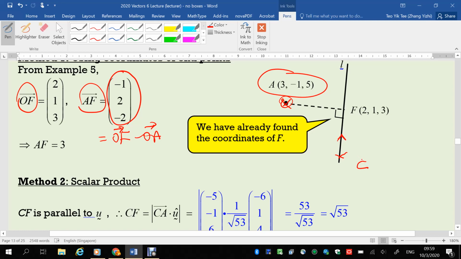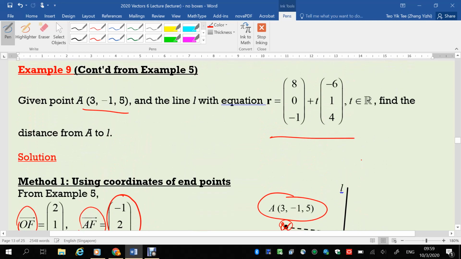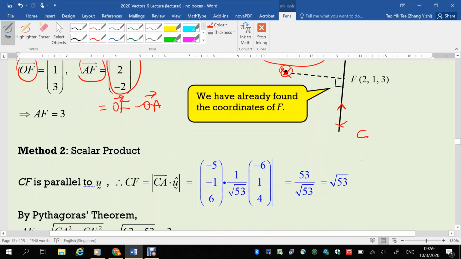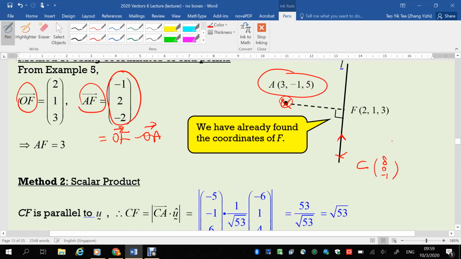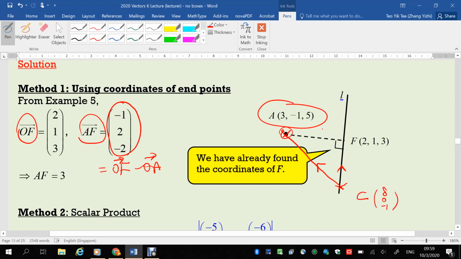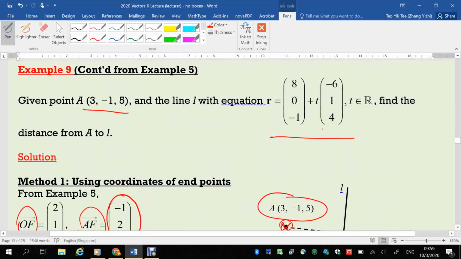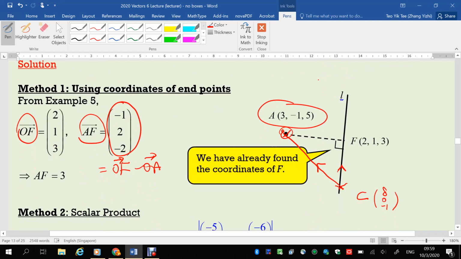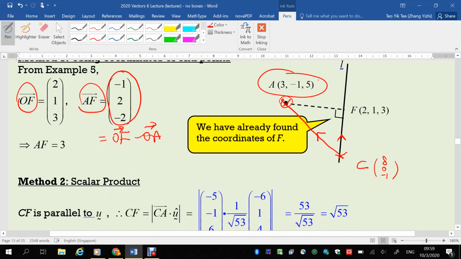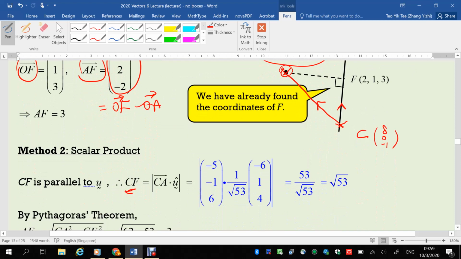What is the position vector of C? Position vector of C will be 8, 0, minus 1. So I can find CA, and dot it with the direction vector of the line L, which is minus 6, 1, 4, divided by its magnitude, and I will get the length of projection, which is CF.